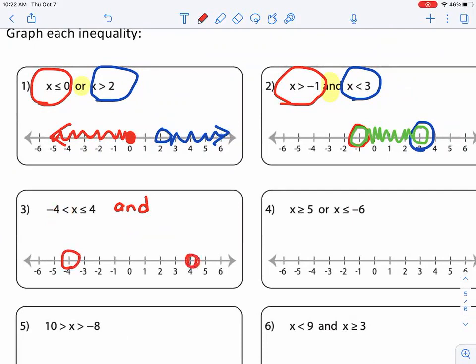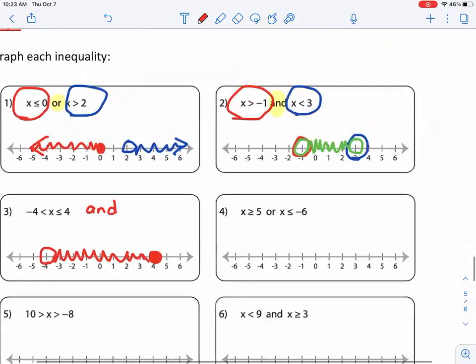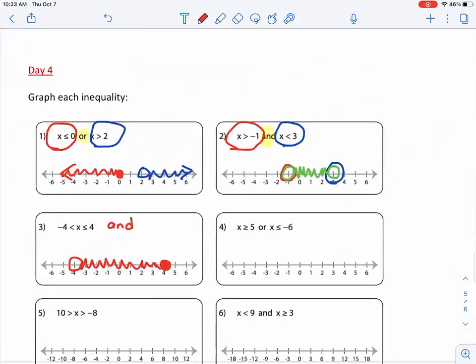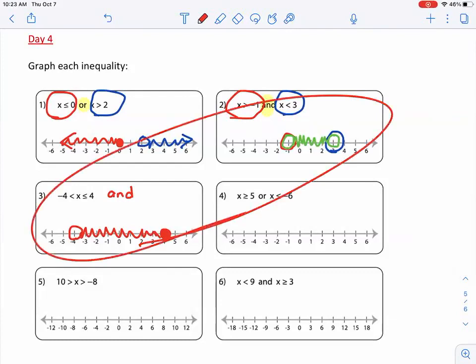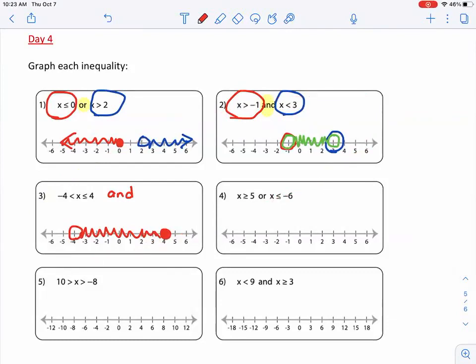And I have a closed circle at +4 because there is an equal sign there. And I want to shade the stuff in between. That stuff in between is greater than -4 and less than +4. So the graph looks similar to this AND graph when it's all written together in one statement.